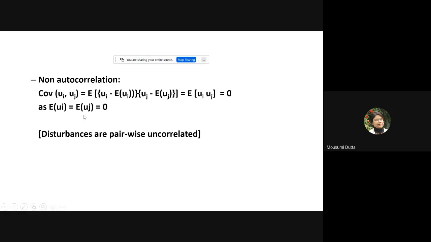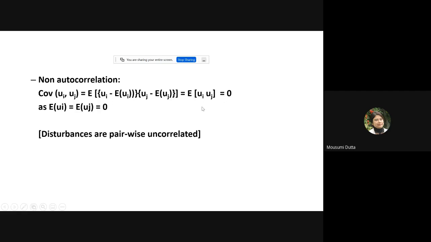So simply I can write this entire expression as expectation of UiUj. We assume that this expectation of UiUj is equal to 0, that is, the covariance between Ui and Uj is equal to 0.